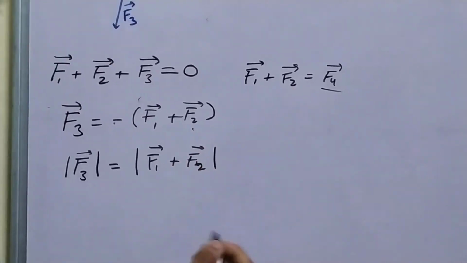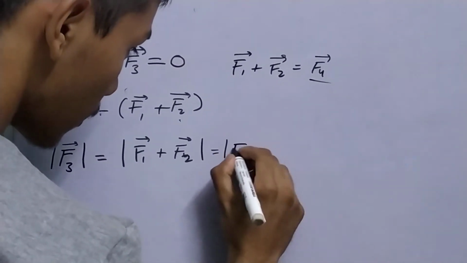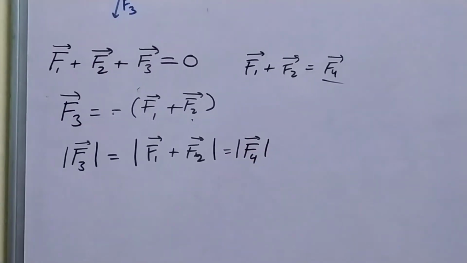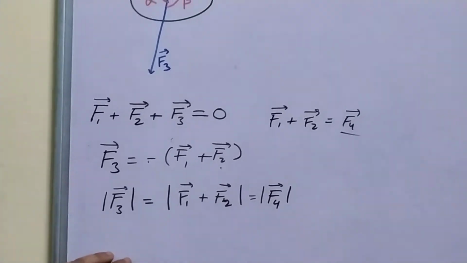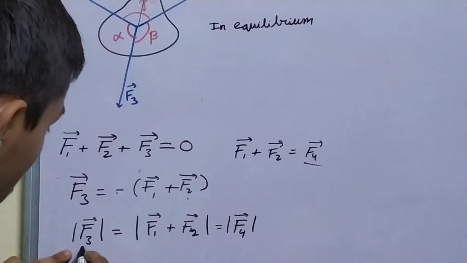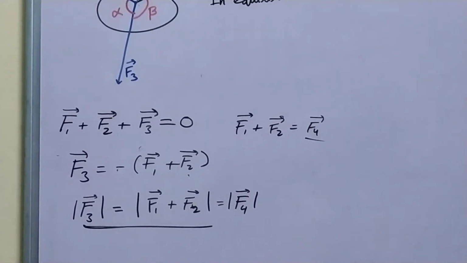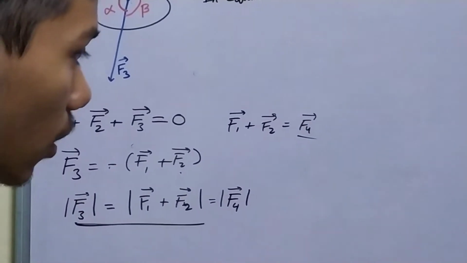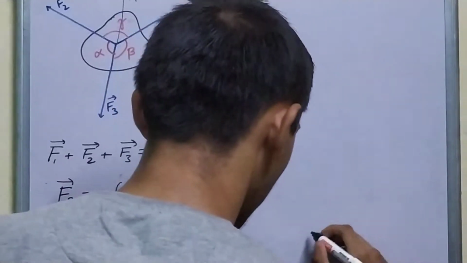And since you have called F1 plus F2 as F4, this is equal to the magnitude of F4. So using this we can use the parallelogram law of addition.